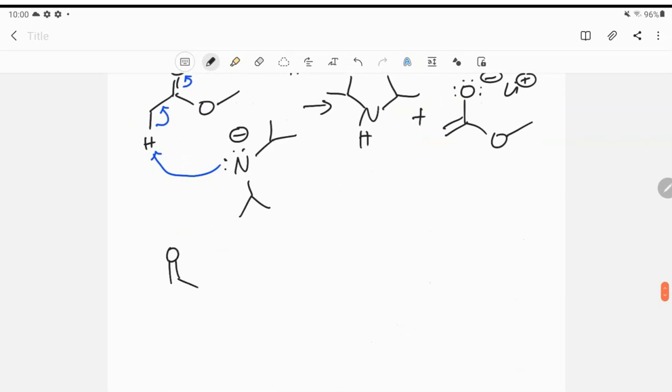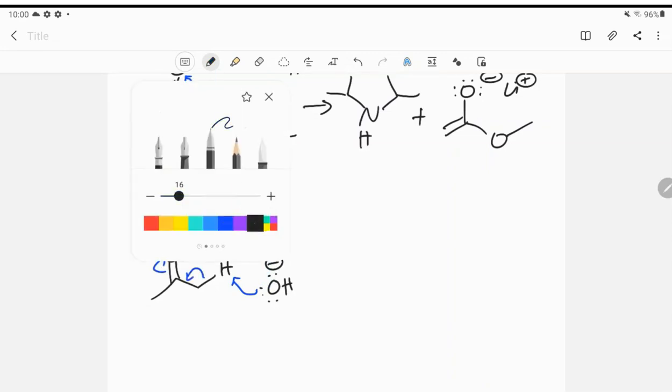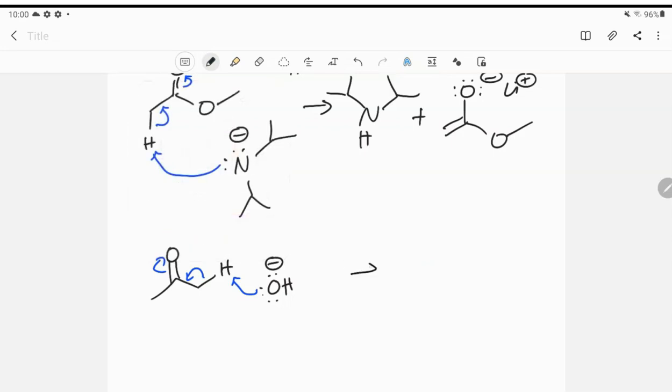Let's take a look at acetone. If we go ahead and deprotonate, we're going to see that this is an equilibrium that heavily favors the reactants.